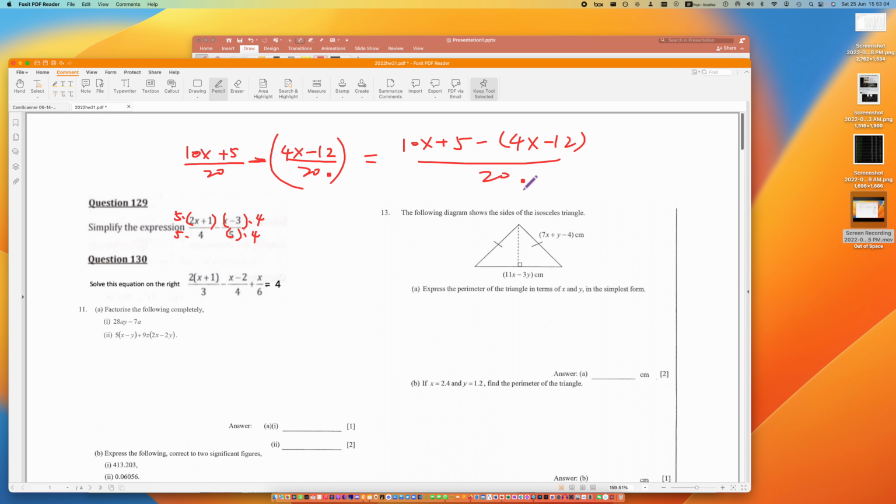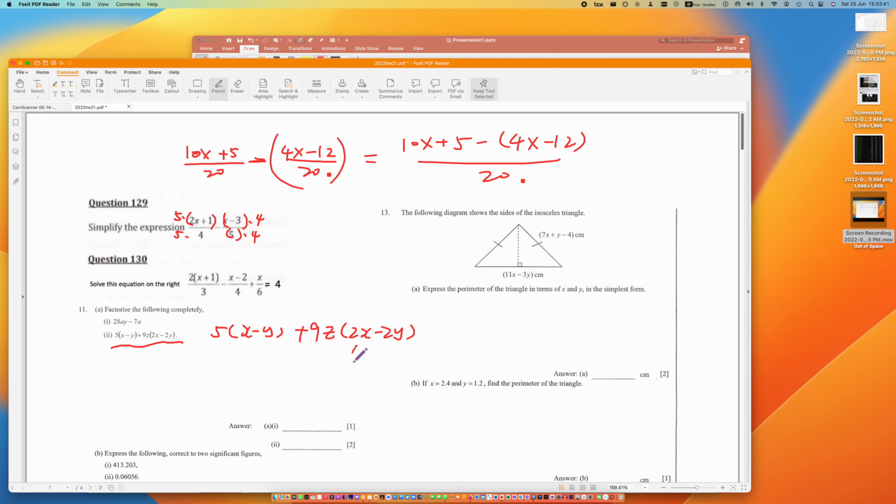Okay, next, I want to talk about this question, question 11 part 2. Who taught you to do it this way, in pencil? Okay, good. For this question, you see that the 5x minus y, for this one 9z, then you have the 2x and the 2y.